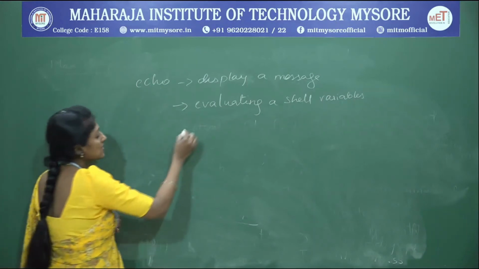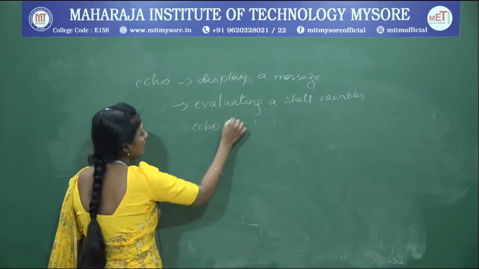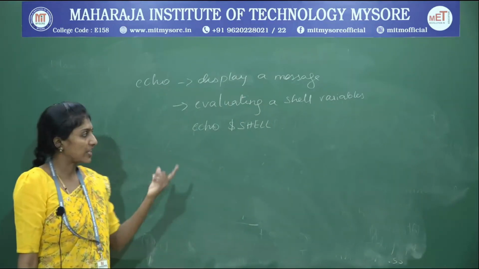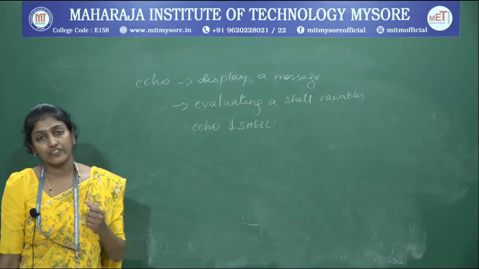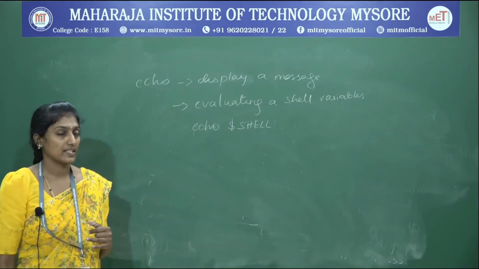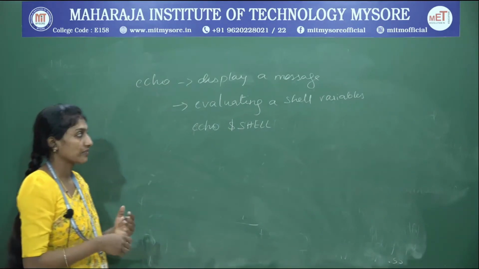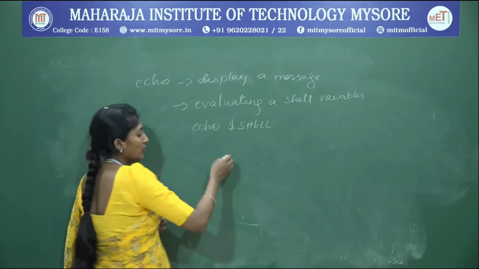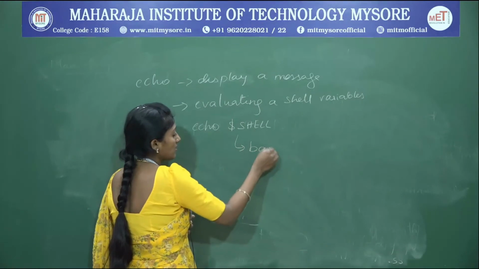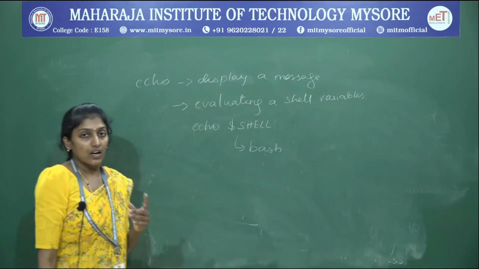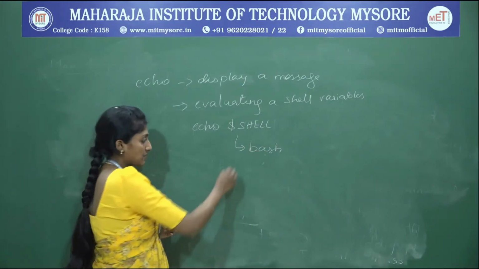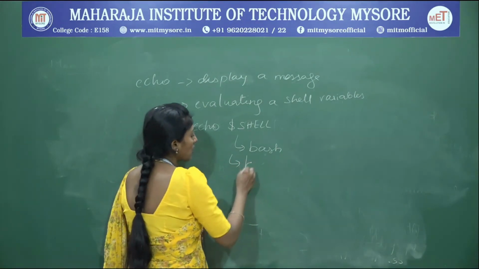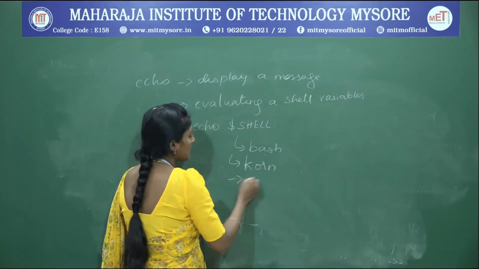One instance I can give is echo $SHELL. So what is this shell here? It represents which kind of shell interpreter is being used for the execution of a command. While explaining the Unix architecture, I had explained that shell can be represented with variants: bash shell, Korn shell, C shell.